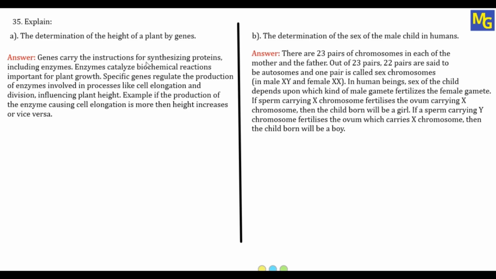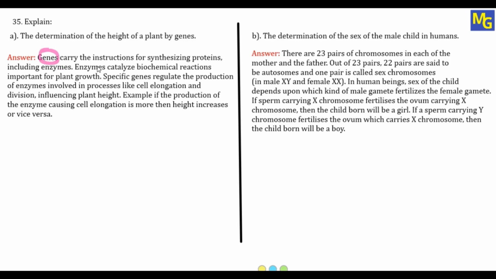Genes carry the instruction for synthesizing proteins including enzymes. So genes are the most important factor which will have the instruction for synthesizing proteins and enzymes. So which protein should be synthesized, or which enzyme should be synthesized, that all will be decided by the gene.